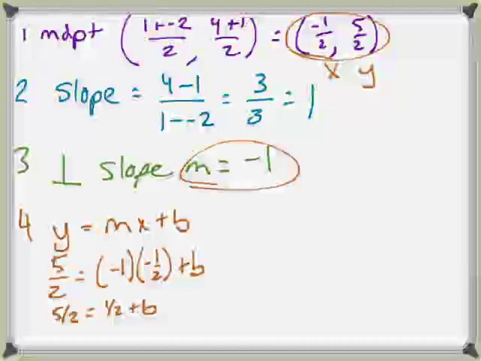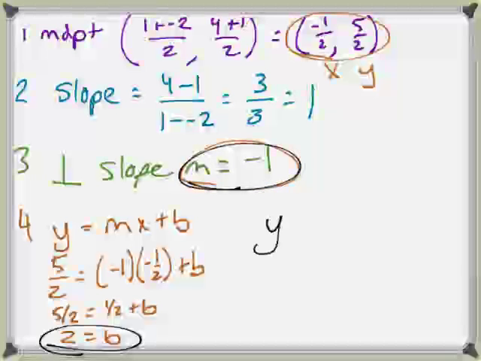Subtracting 1/2 from both sides gives us 4/2 or 2 is b. So our final answer is the y equals mx plus b with a perpendicular slope and b plugged in. So y equals negative 1x plus 2, or just negative x plus 2.